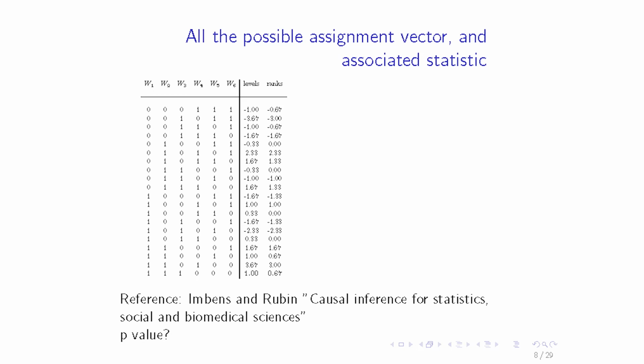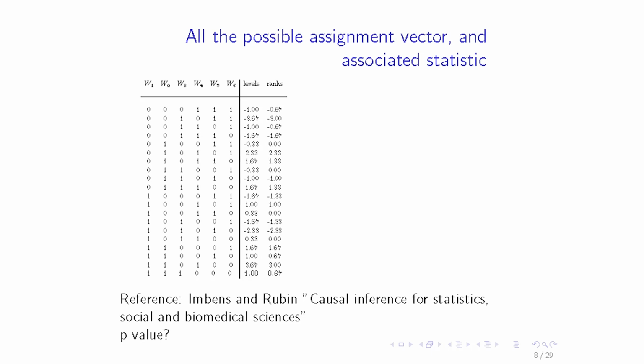So what we have in this table is all of the potential assignments, all of the assignments that could have existed. With 6 units, it's 6 choose 2. And the first line is the one that we actually observe. No, sorry, the one that we actually observe is the last one, where the first 3 units are treated and the next 3 are not treated.